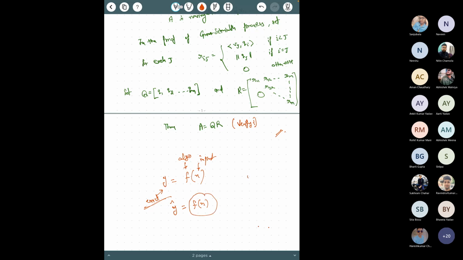Now this y hat is called a good approximation if y hat is close to y, and we call it a bad approximation of y if it is not close to y. So y hat, an approximation, is a computed solution of some algorithm or problem. It's not the exact solution, but the computed one, which you expect to be close to the exact one.